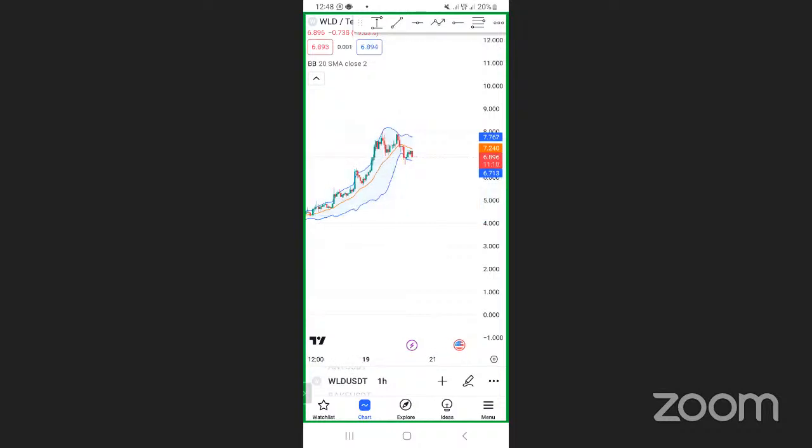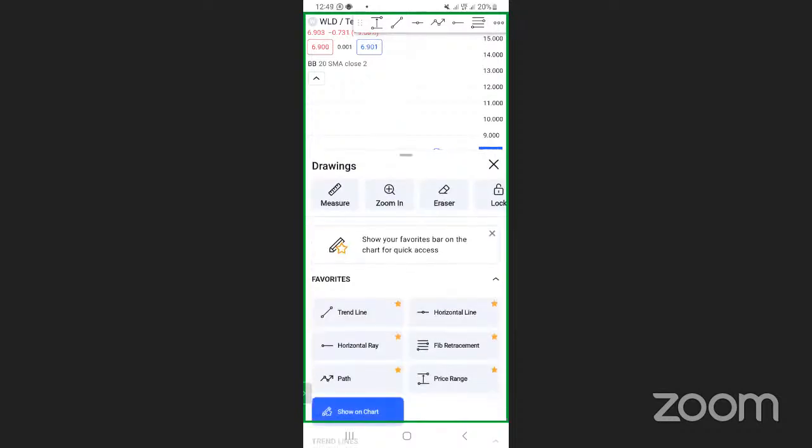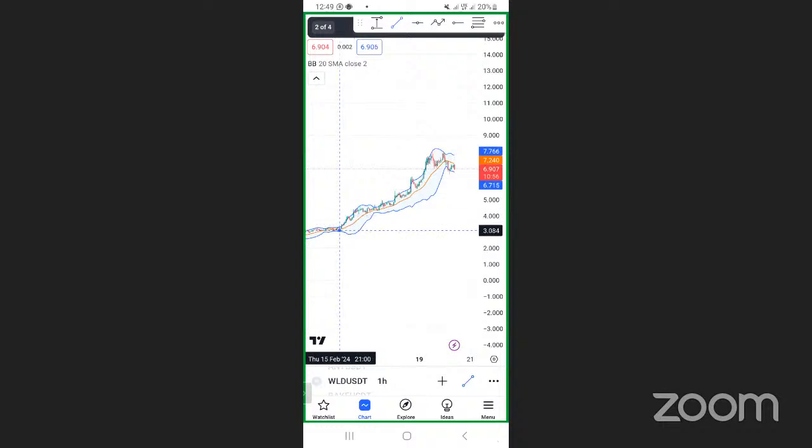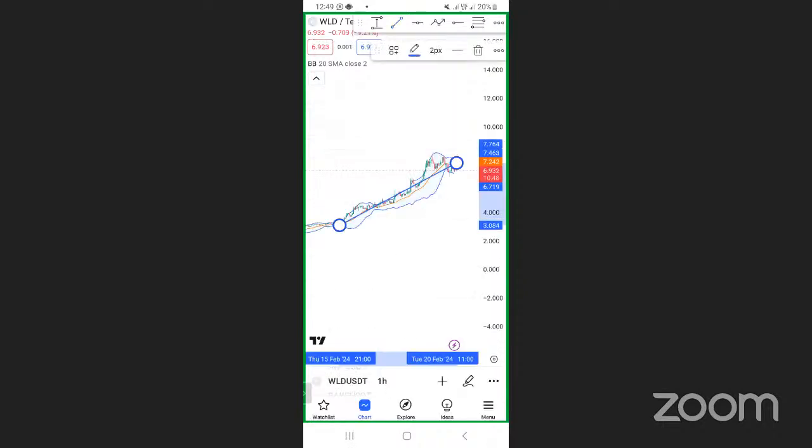So if you can see in that scenario that the price is just moving in between the upper band and the middle band, you could wait. You draw a clear trend line like this. I know you know how to do this trend line.